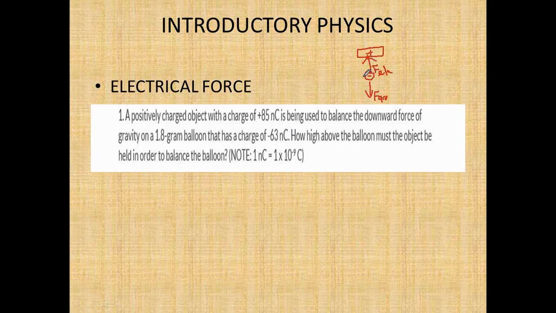When you say equilibrium, that means it's not moving up and it's not moving downward. So for that to occur, the electrical force has to balance the downward force of gravity. For the balloon to be stationary, for the balloon to be in equilibrium, the upward electrical force has to be equal to the downward force of gravity.